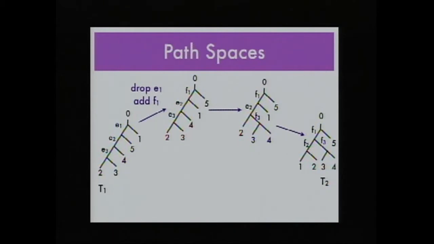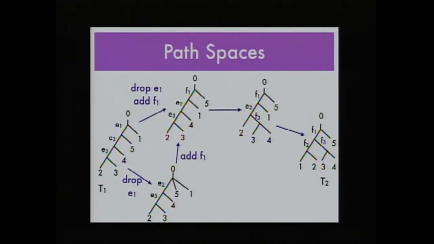And to get between tree topologies, what I'm doing is adding and dropping edges. When I talk about dropping edges, what I mean is I shrink that edge to have length 0. So if I shrink E1 to have length 0, I get this tree here. And by adding, I mean I grow out an edge.